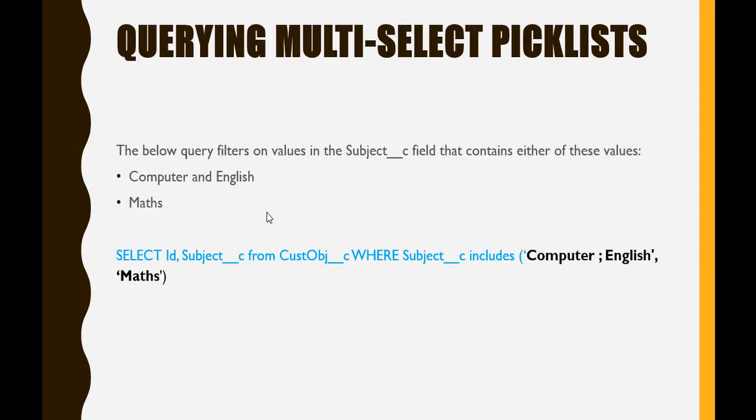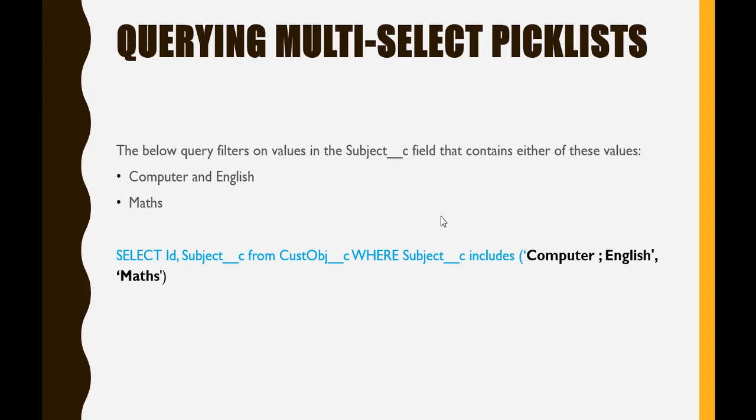Similarly, let's say you want all the students who are enrolled in computer and English, or who are enrolled in maths. How are you going to write the query? You're going to use computer semicolon English, because these go together, then for the or, you close this with a comma, and then specify maths.